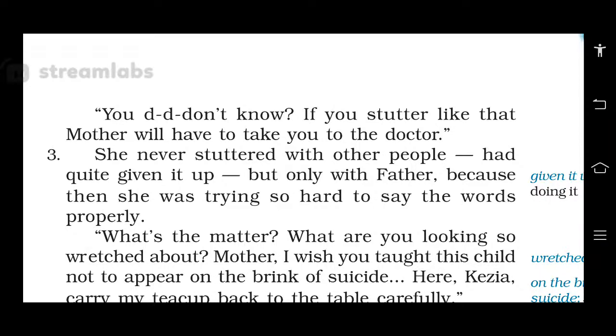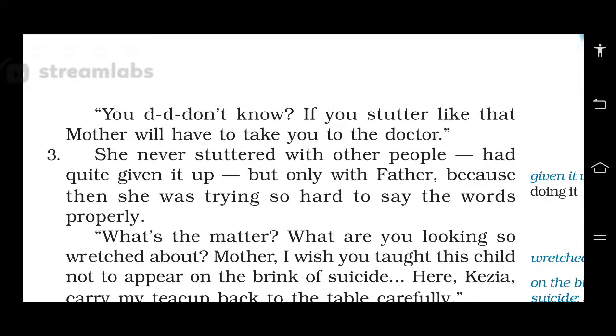Stutter. Yeah, very good. Okay, stutter. Then the father has explained to her, "Hey, why are you speaking in such a stammering way, like 'I don't know, father'? If you stutter like that, your mother will have to take you to the doctor."